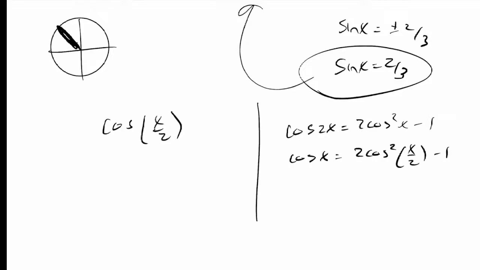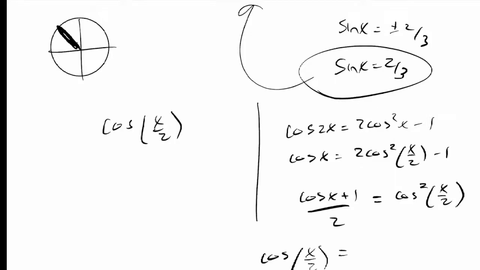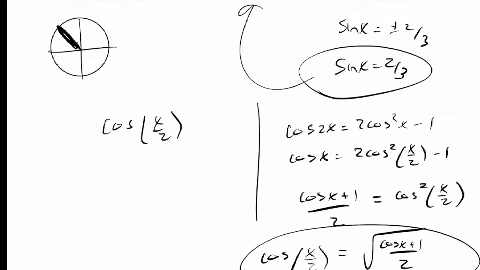So the cos of x plus 1, divided by 2, is the cos squared of x over 2. So the cos of x over 2, you following, Ali, will be the positive root here. These are your half angle formulas. We didn't really formally derive them.